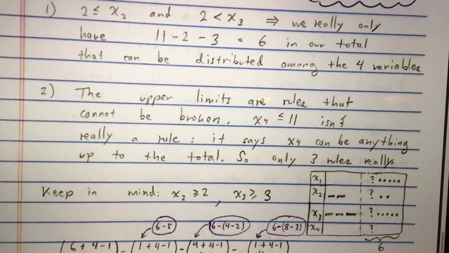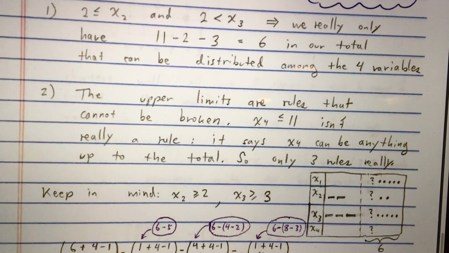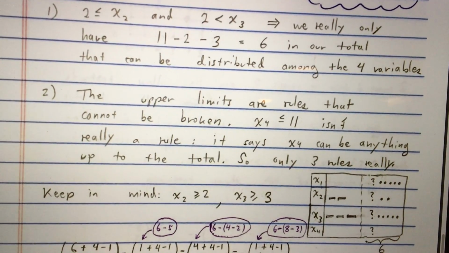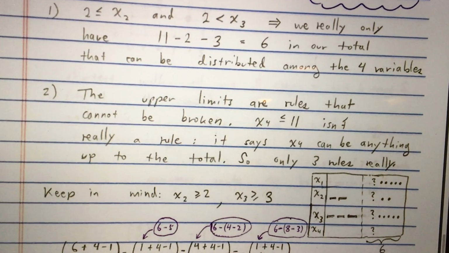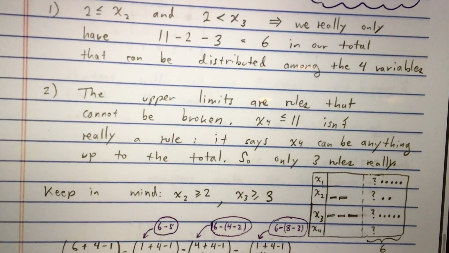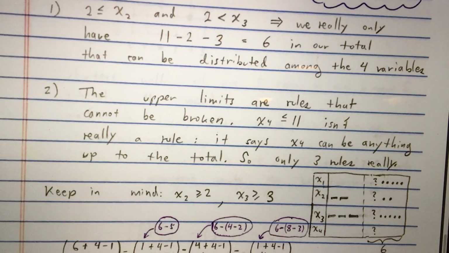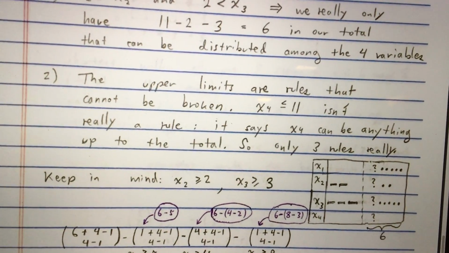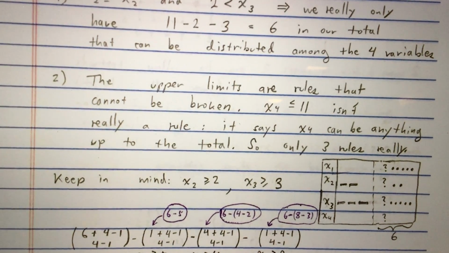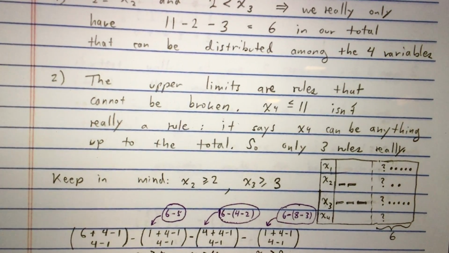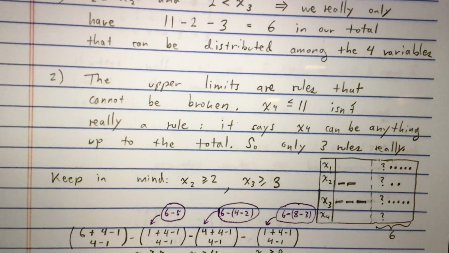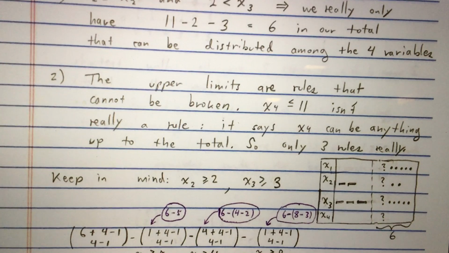So in the picture on the right, I drew them as bookshelves, x1, x2, x3, and x4. I put the 2 in x2 and the 3 in x3 already. Those are pre-allocated. Then there's 6 remaining in the total to allocate, and the question mark means I can put any amount in those 4 variables out of that total of 6.